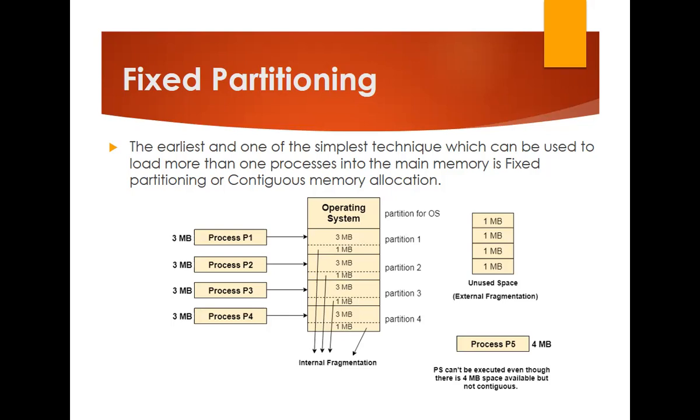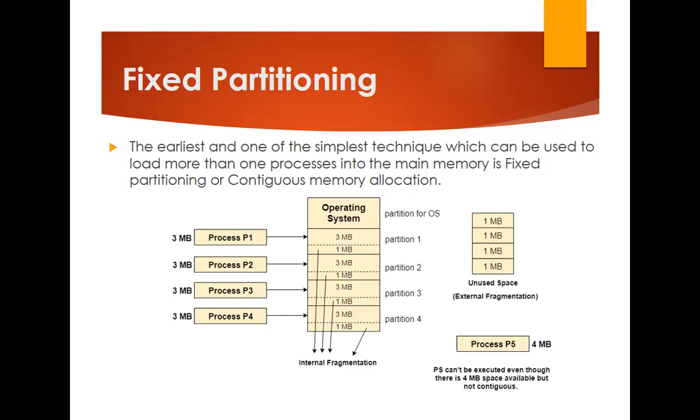Okay, so we have four processes that need to be loaded into the memory. And let's say we have four partitions, each of them 4 megabytes. So my memory size, if I don't count the operating system, is 16 megabytes, and I divide it by 4, each of them a 4 megabyte partition.